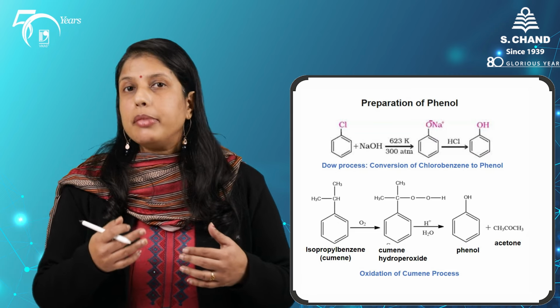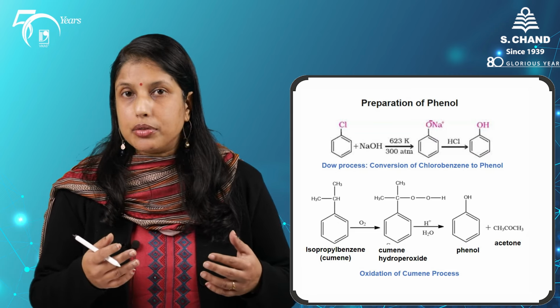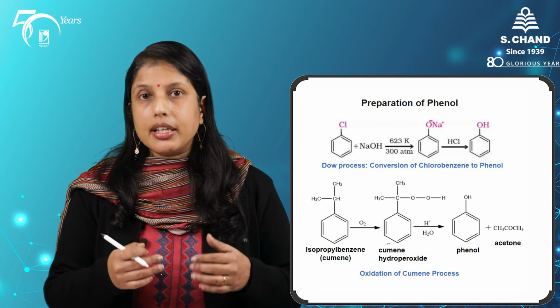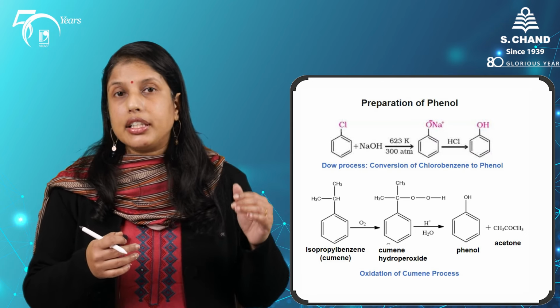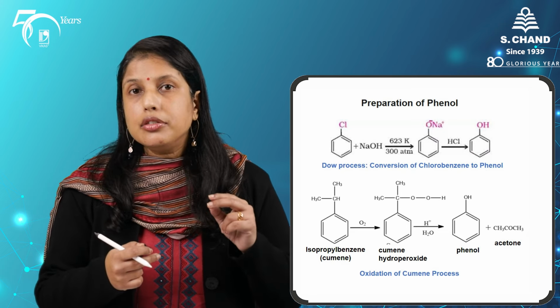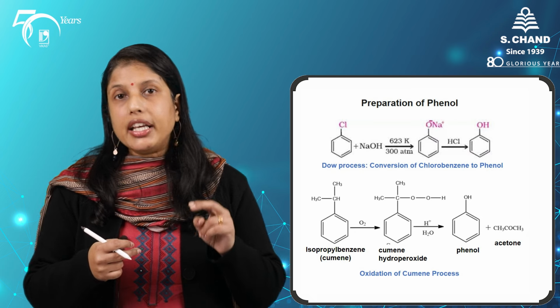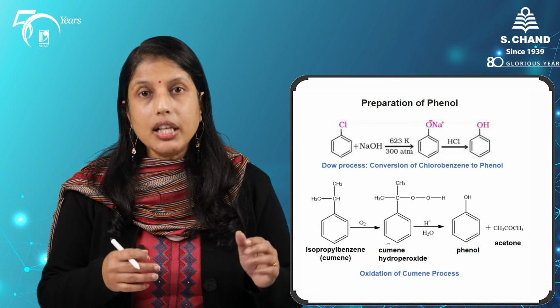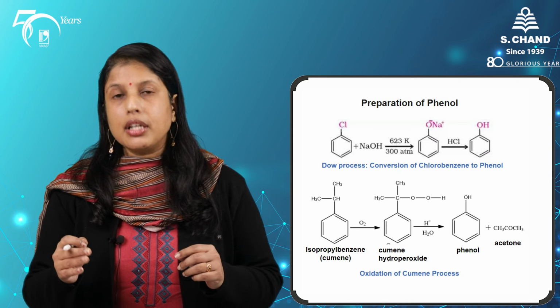Now, this method may seem a little complicated to you. You might have preferred the Dow's process, but remember that in this oxidation of cumene, you are able to prepare two very important commercial products, both phenol and acetone. And that is why this is the preferred industrial method for the synthesis of phenols.